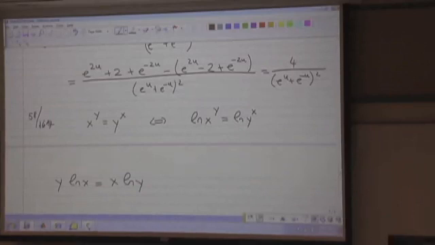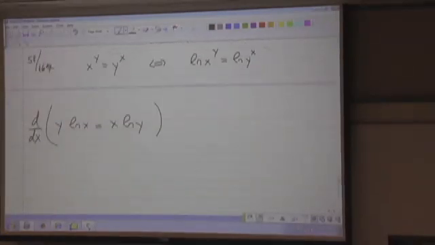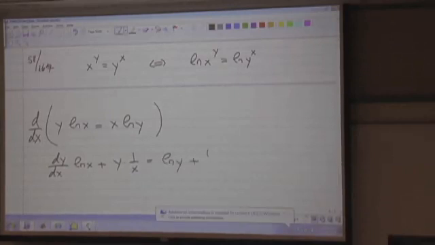And now if you take derivatives both sides with respect to x, what do we get on the left hand side? dy/dx times ln x plus y times 1 over x equals ln y plus 1 over y dy/dx times x.